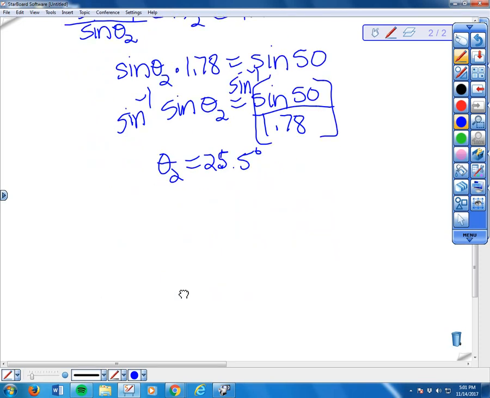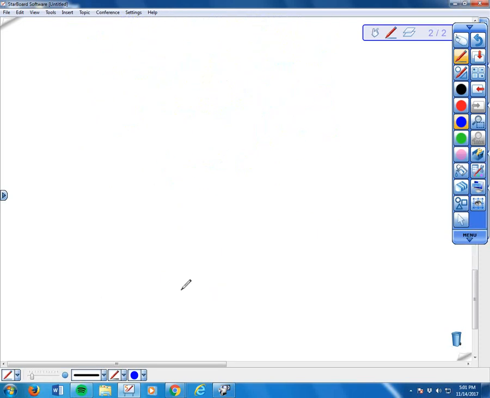Next question. Solve 2 cosine x minus sine squared x plus 2 equals 0 for all values of x. So the first thing I've got to do is I've got to either get everything in terms of sine or everything in terms of cosine. And I can't really convert this to sine, but I can this.